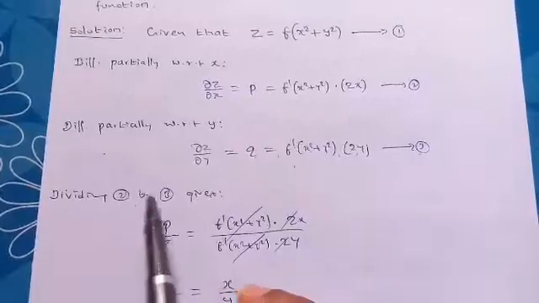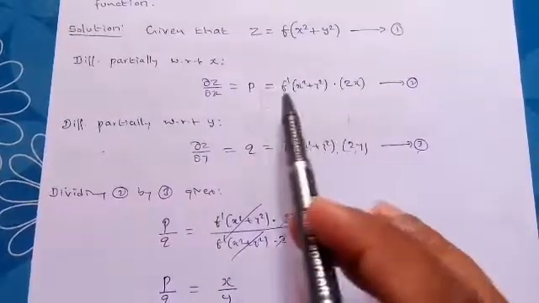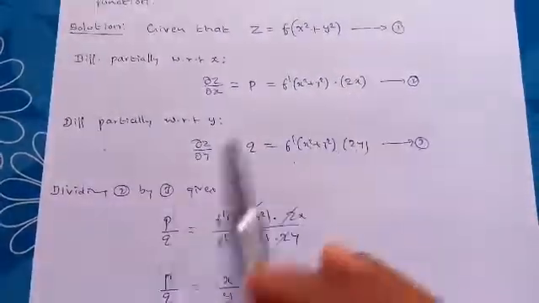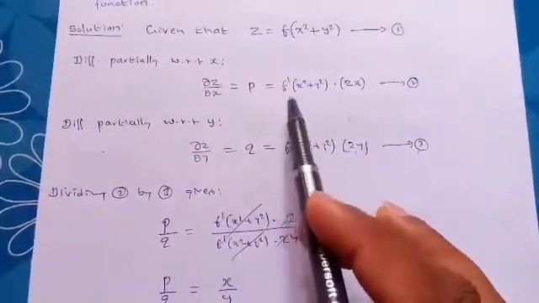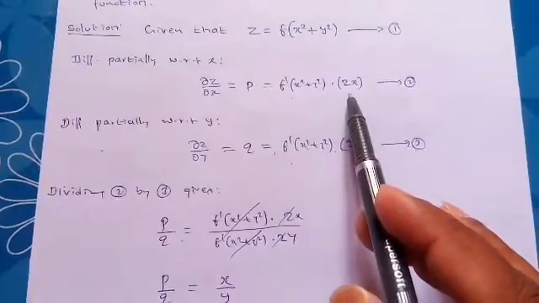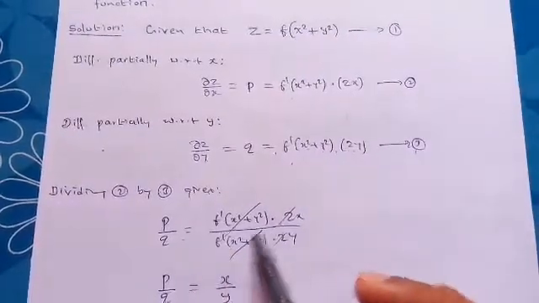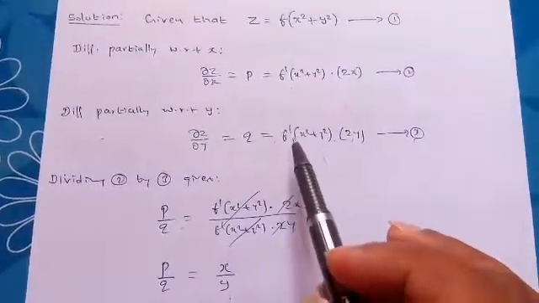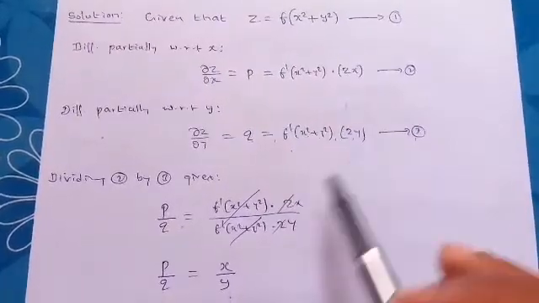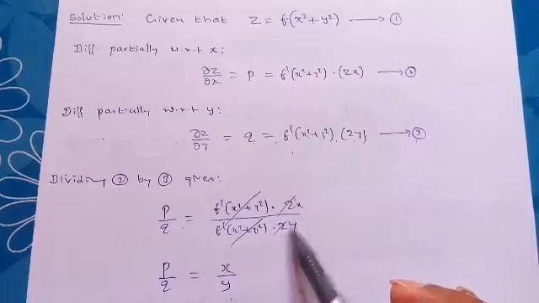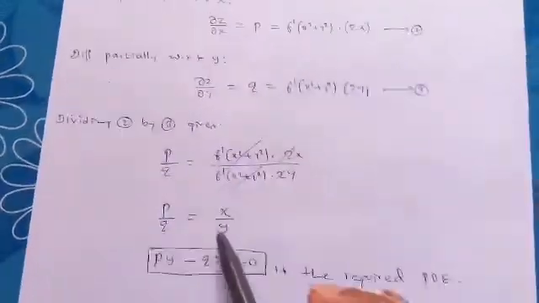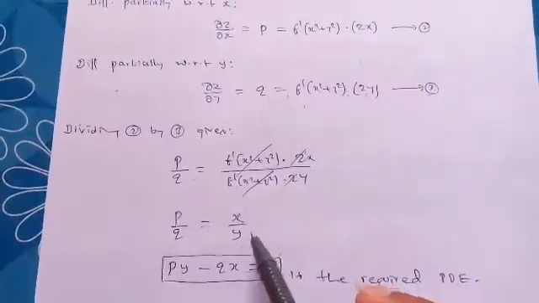By dividing 2 by 3, we get p by q. In the LHS we have p divided by q equals f dash of x square plus y square into 2x in the numerator, and in the denominator f dash of x square plus y square into 2y. So here f dash gets cancelled, 2 gets cancelled, and the only remaining thing is x by y. P by q equals x by y.